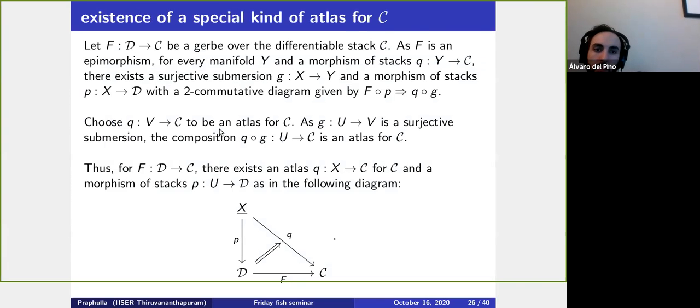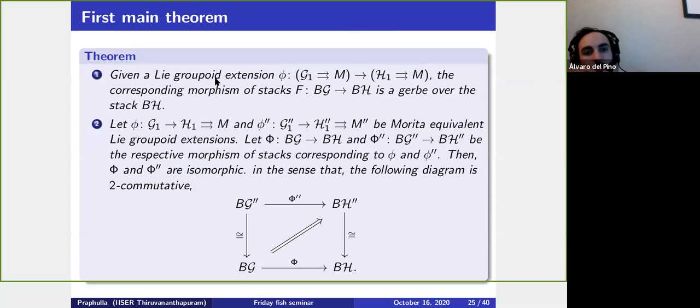Yeah, so this is the first main theorem. So what we have done is, for every Lie group extension, we proved that the morphism of stacks BG to BH is a gerbe stack. Furthermore, if I take any other Lie group extension which is Morita equivalent, it turns out that the associated morphism is compatible in this sense. There is a two-commutative diagram between these two.